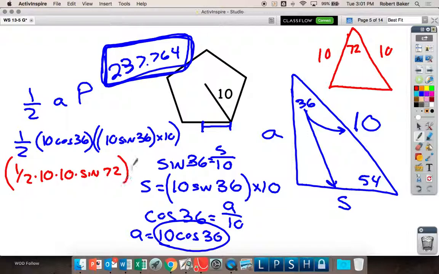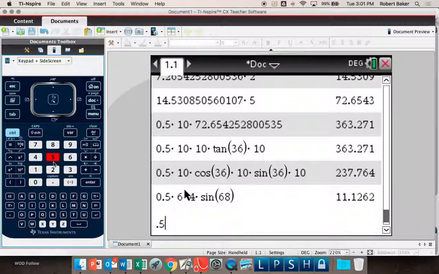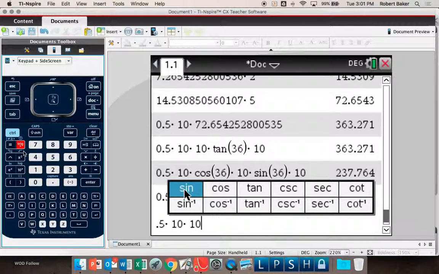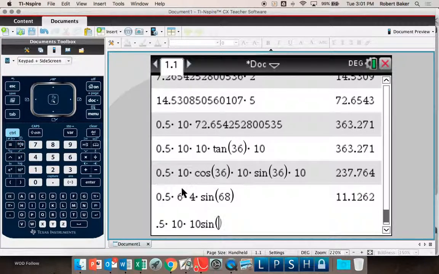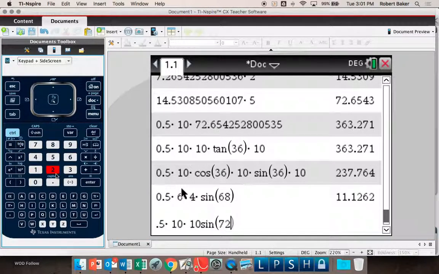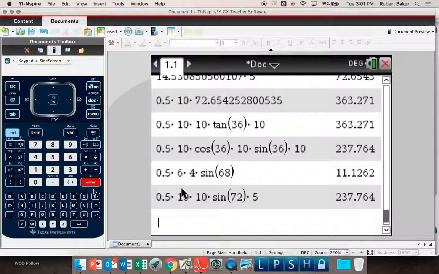All that times 5 equal triangles. Let's try it. 1/2 times 10 times 10 times the sine of 72, and please give me 5 of those triangles. Boom! Mic drop. You're welcome. Thank you.